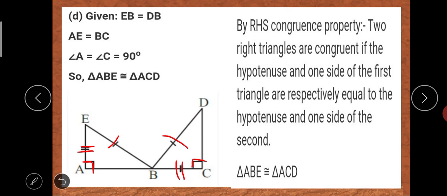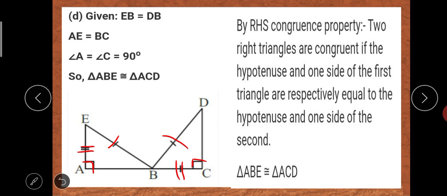So what we find here is that when one angle is 90 degrees, that means you are going to use what, right angle hypotenuse side. Or we can say that the hypotenuse and one side of a right angle triangle are equal to the hypotenuse and one side of the other right angle triangle.